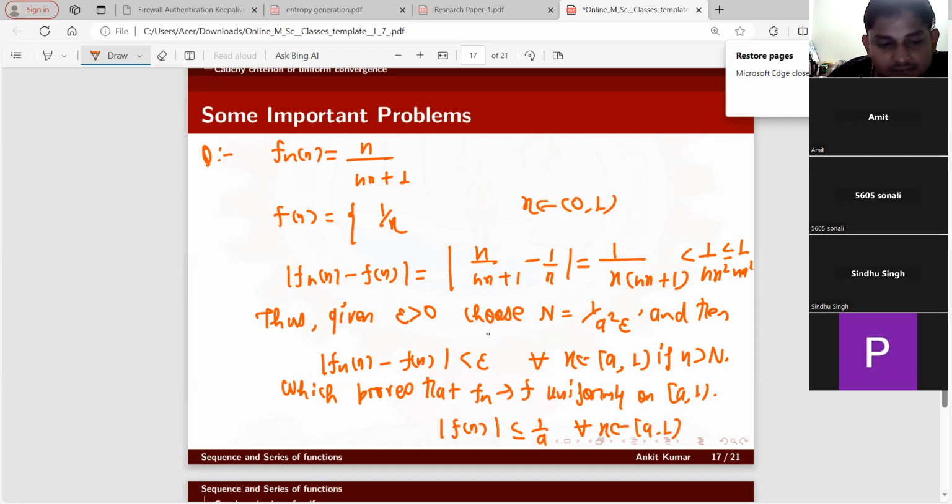So the limit function f is bounded on A.